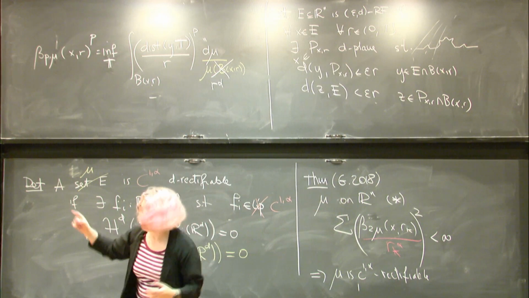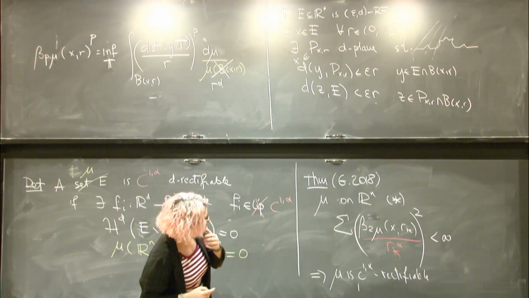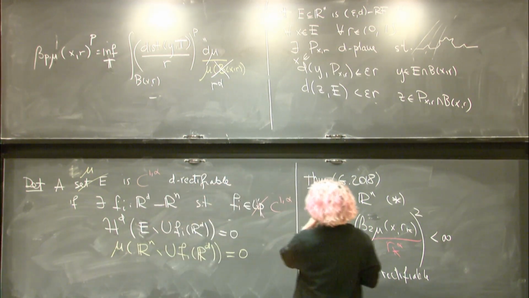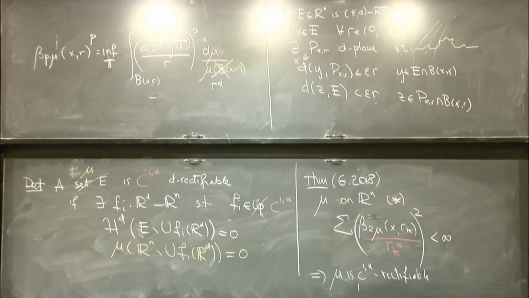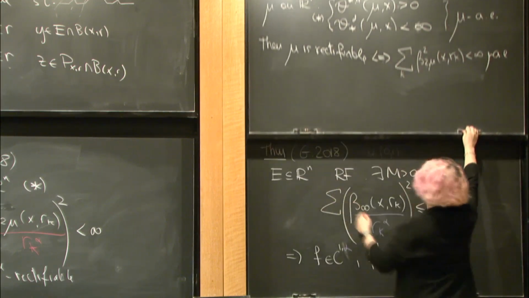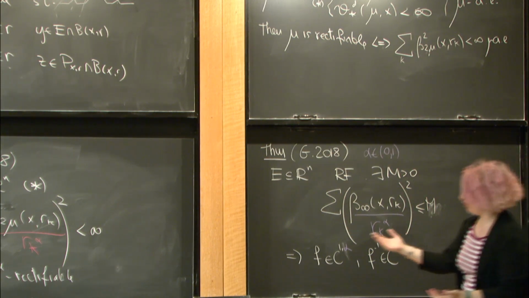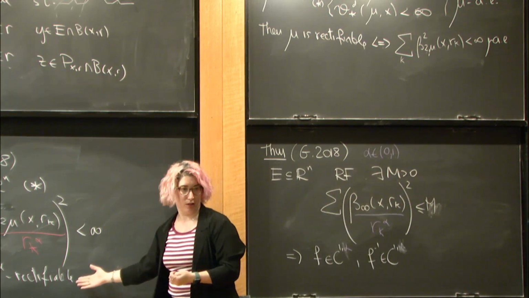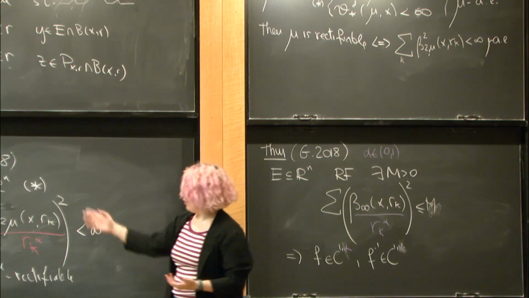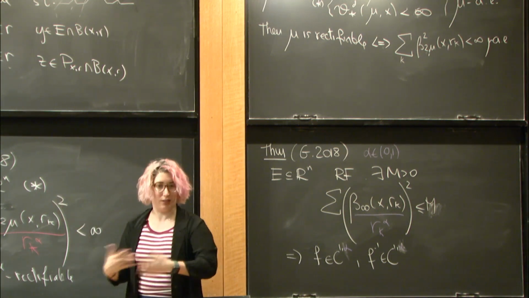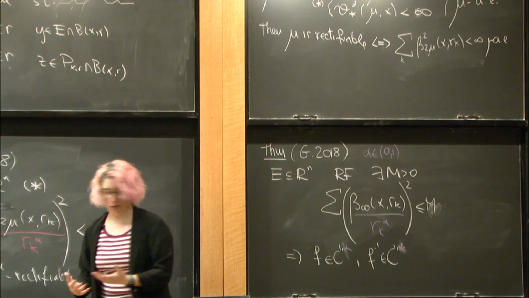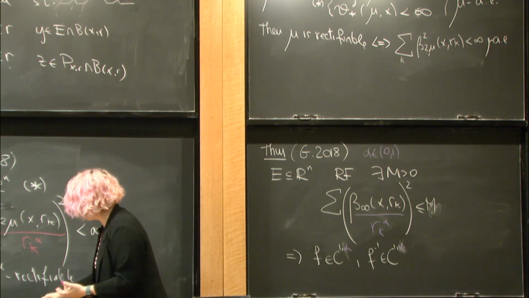So you apply this, and then you take a countable union, so you get the rectifiability. That's really hand-waving, but it's somewhat a standard way of proof.